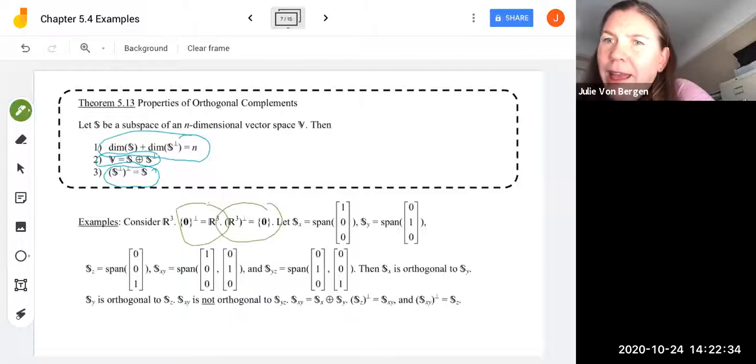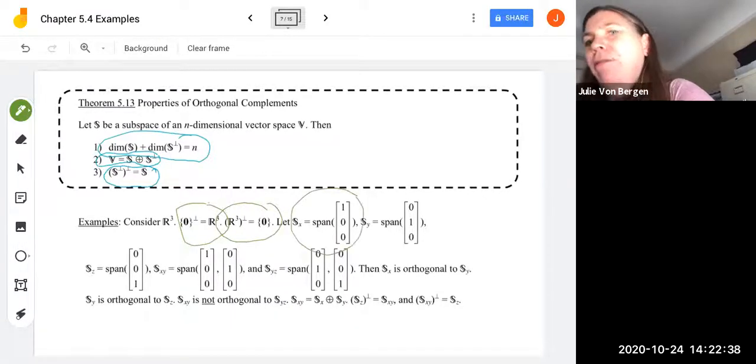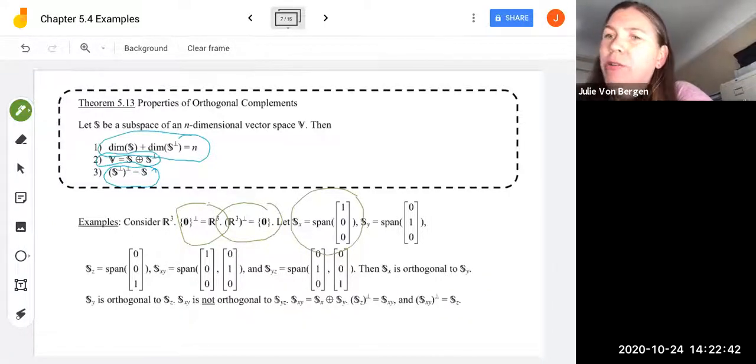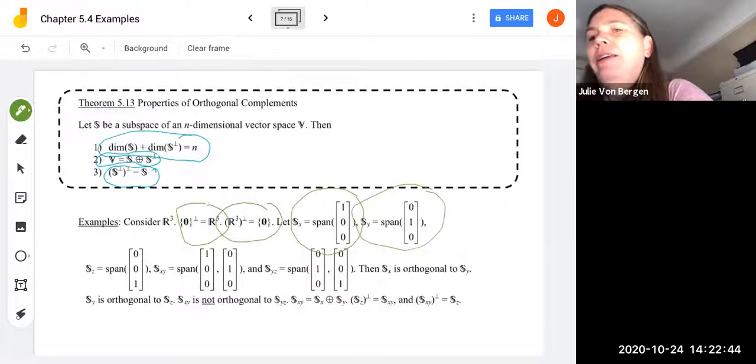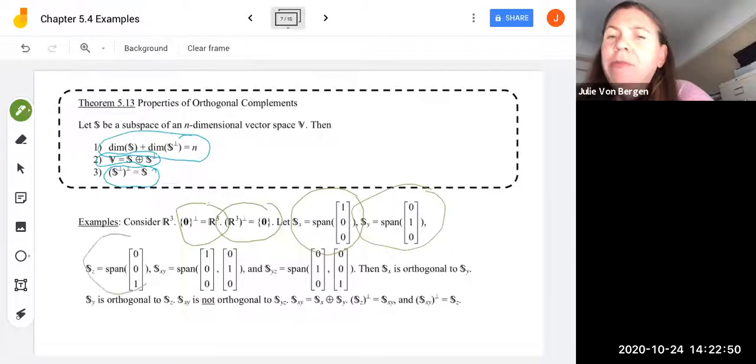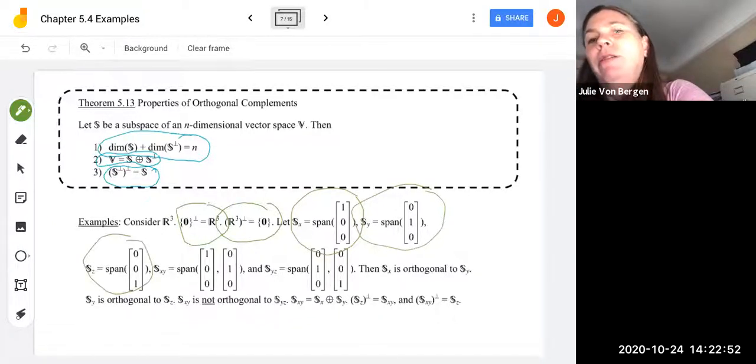So let S sub x be the span of our favorite basis vector, E1 or (1, 0, 0), and then S sub y is going to be the span of our second basis vector from our favorite standard basis, (0, 1, 0), and then S sub z will be the span of (0, 0, 1), our third vector in our favorite vector space.